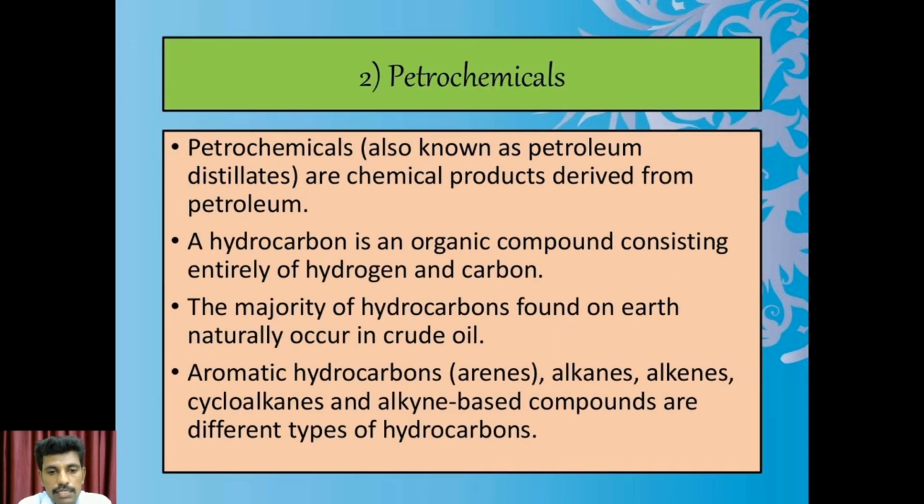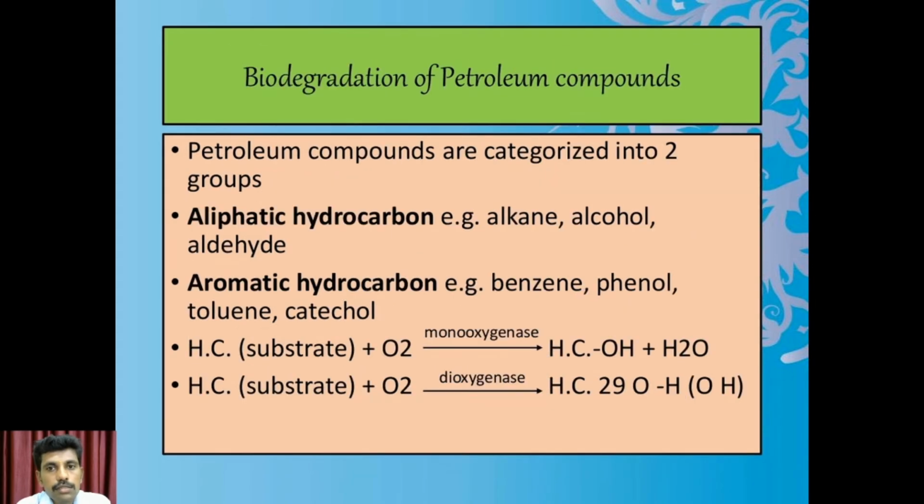In the petrochemical industry, petrochemicals are usually called petroleum distillates. They are chemical products derived from petroleum, hydrogen and carbon, which form hydrocarbons, organic compounds found on earth and naturally occurring especially in crude oil. Hydrocarbons exist in several types, namely aromatic hydrocarbons, alkanes, alkenes, cycloalkanes, and alkyne-based compounds.